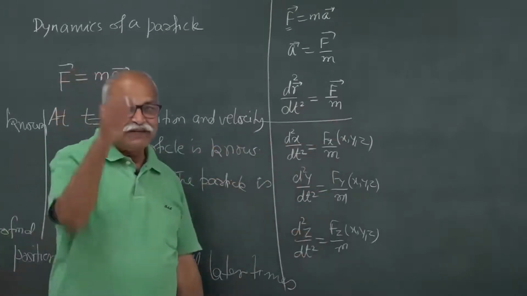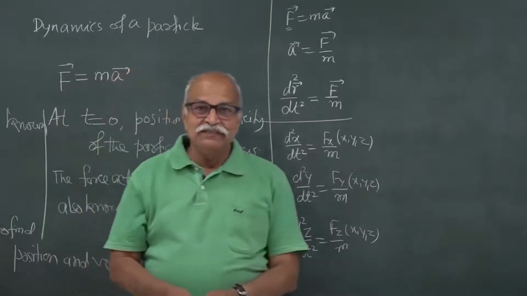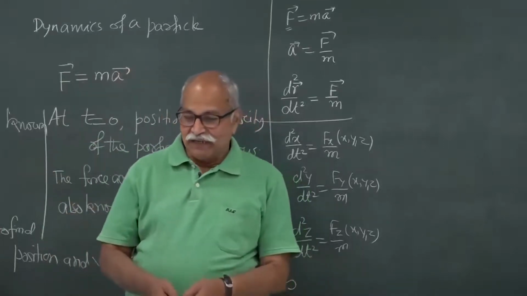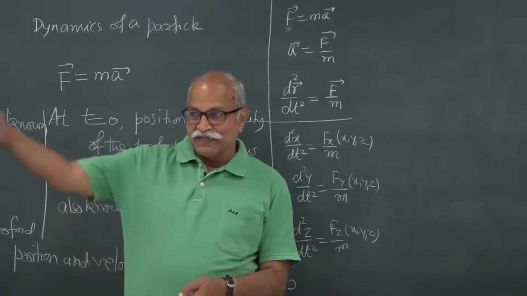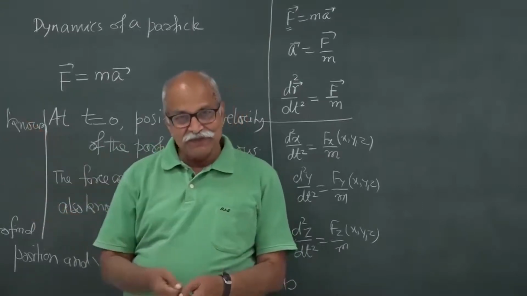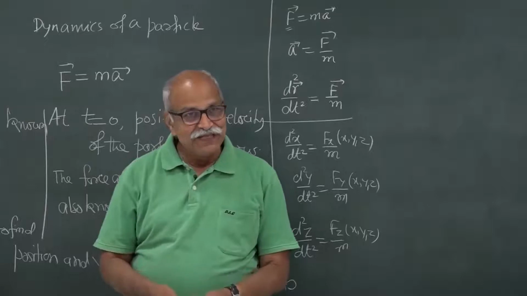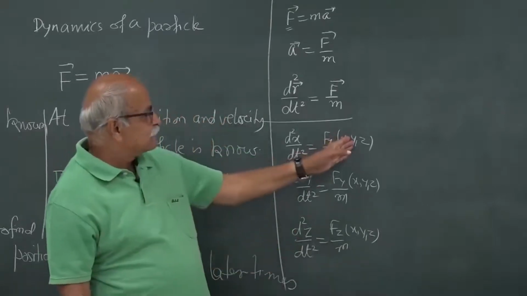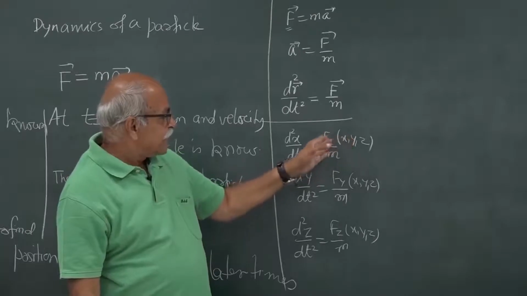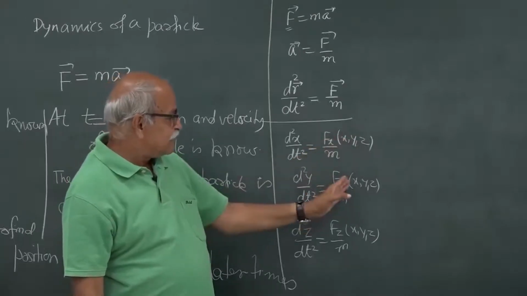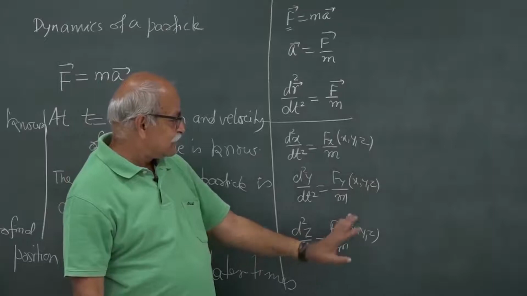Just like if you have a pendulum, if the pendulum is here, you have a particular force, if the pendulum is there, you have a different particular force. So, it depends on the position of the particle, and therefore, it can be a function of x y z.